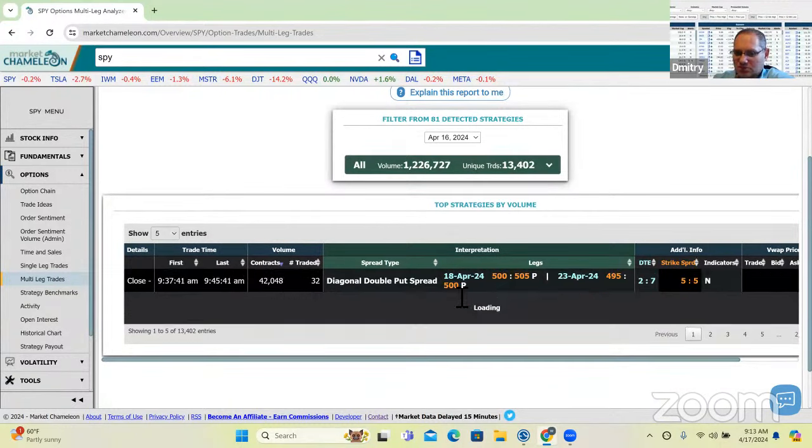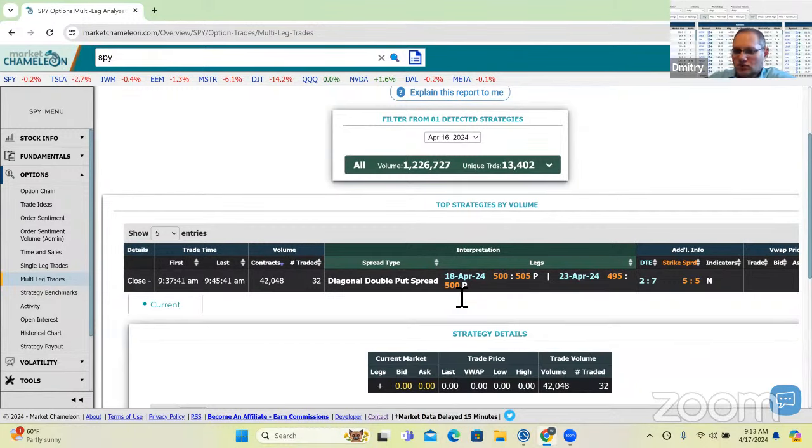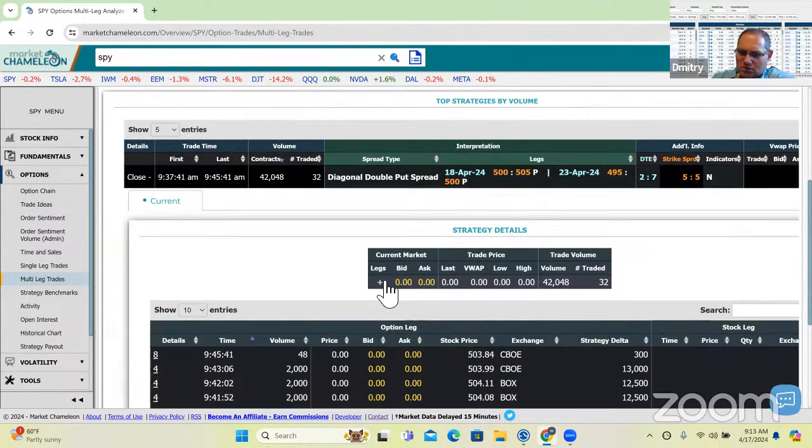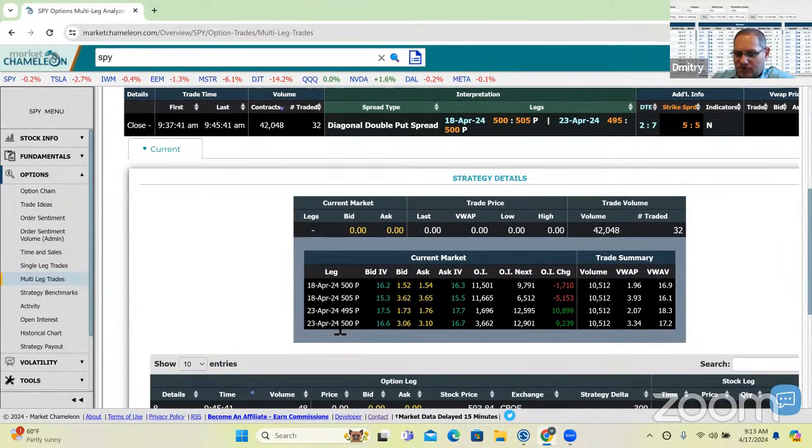We could open that up and see if the open interest confirms that. But here are the 4 legs, right? So April 18th, 500, 505 put, and April 23rd, 495, 500 put. So here is the total volume in each leg yesterday. Here's how the open interest changed.